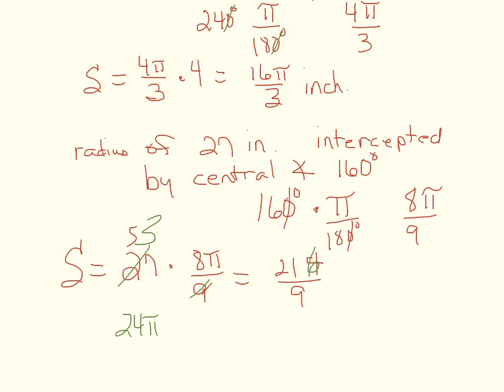Okay, so anytime that you're looking for arc length, the first thing you have to make sure of is what about your angle, Andrew? What's significant about the angle that you're using? What do you have to make sure of?